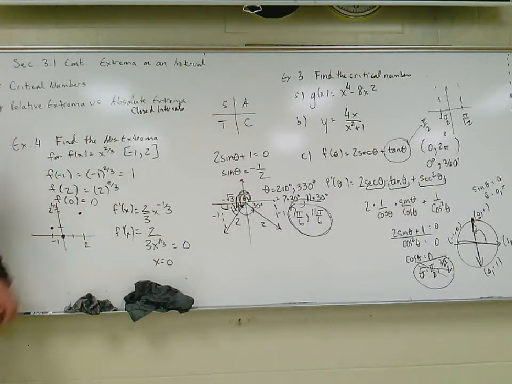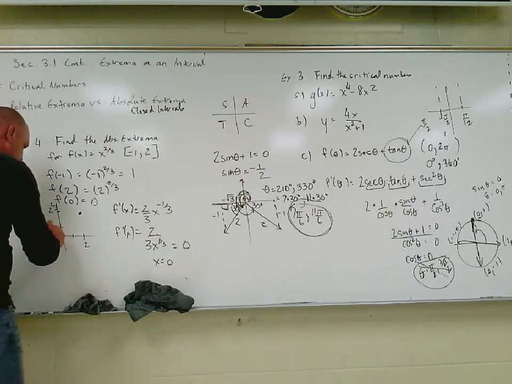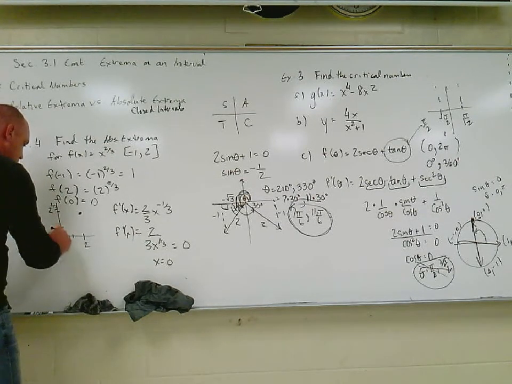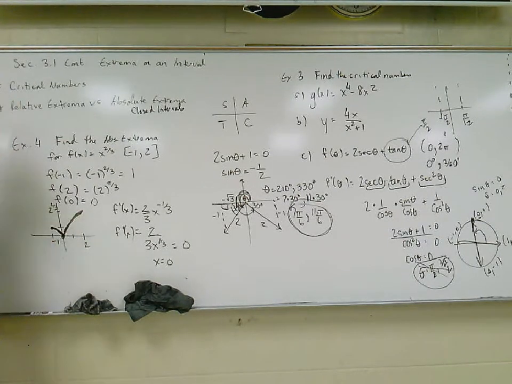Now look, there's your graph. Can you find the highest point and the lowest point? Yes. And why is it undefined? Because it's like a check mark. See, it looks like this. X to the 2/3 comes in like a sharp turn.